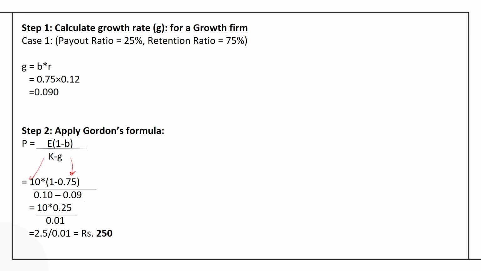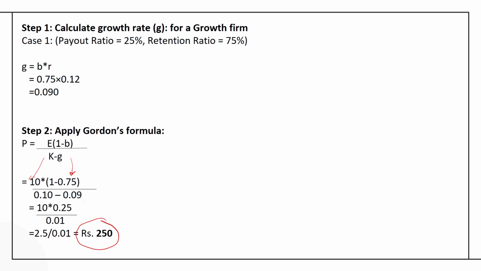Now, it is very logical that when the rate of return, which in our case is 12%, is higher than K, that is 10%, the price of the share would increase. Why would it increase? Because there was a choice whether the company pays dividend or retains profit.